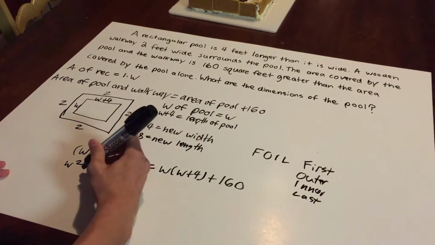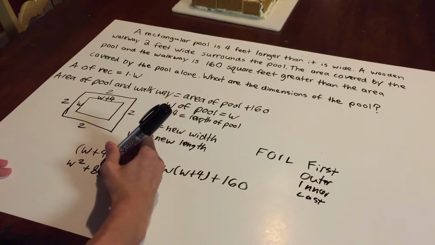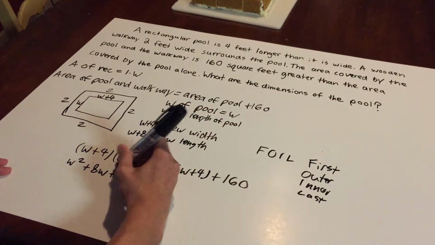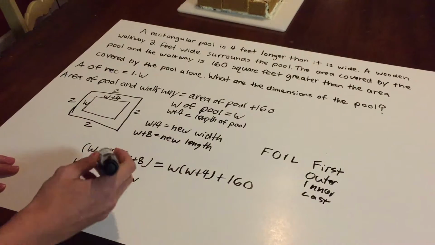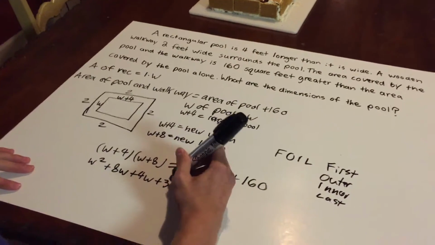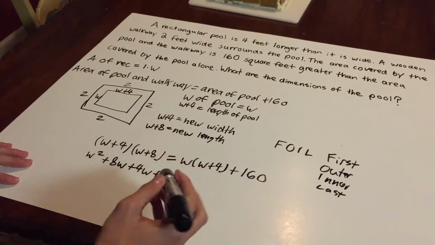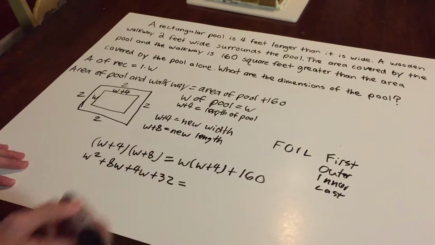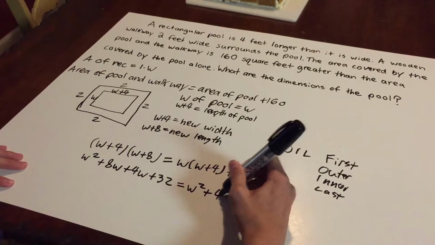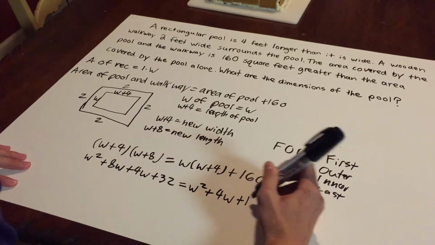W times 8 equals 8W, so plus 8W. We're going to do the inner. 4 times W equals 4W, so plus 4W. Then the last one in the parentheses, 4 times 8, which is 32. Next, we're going to distribute the W inside the parentheses. So it's going to be W squared plus 4W plus 160.